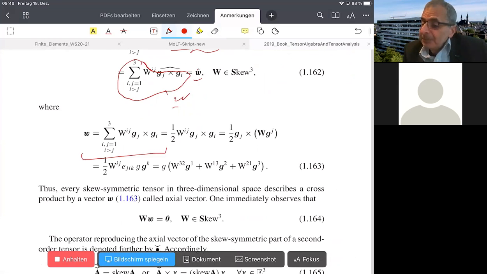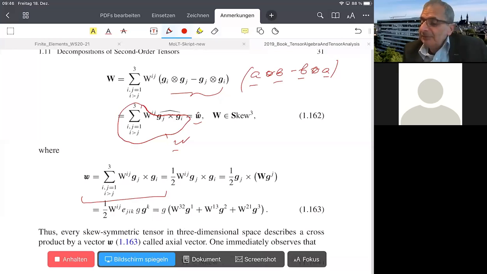And we will discuss the properties and the name of this vector. By the way, what I mentioned also last time, with this formula we prove that any skew symmetric tensor can be represented as a vector product. You remember, we proved maybe two weeks ago that a vector product by an arbitrary vector represents a linear mapping, which is a skew symmetric tensor.